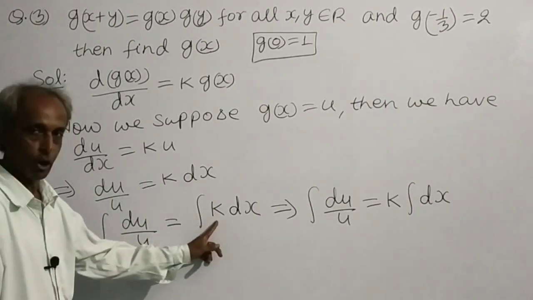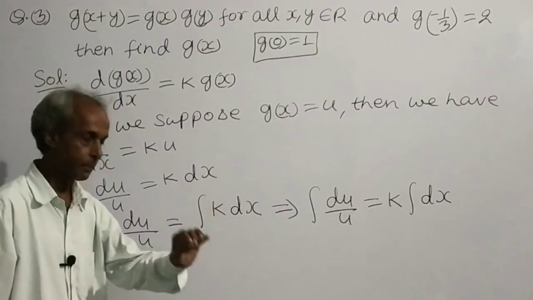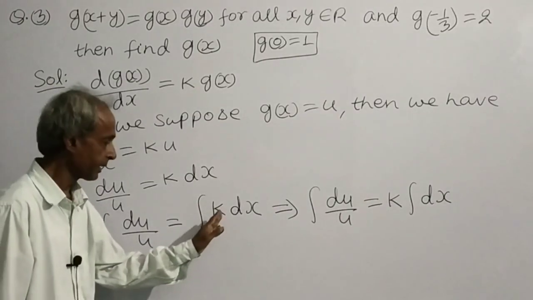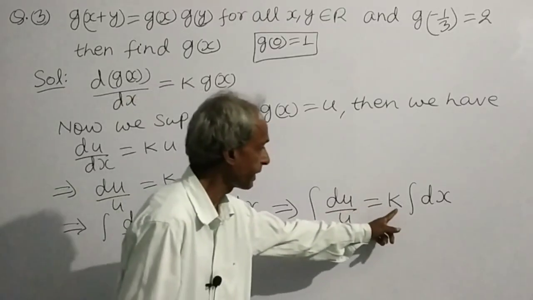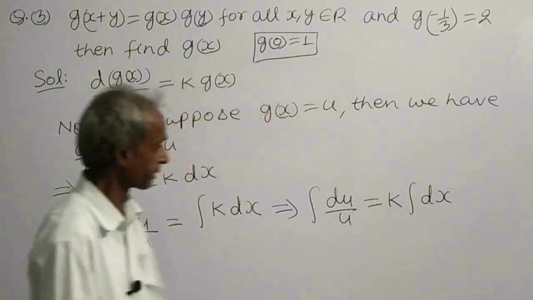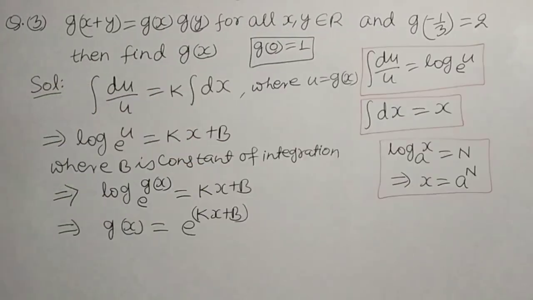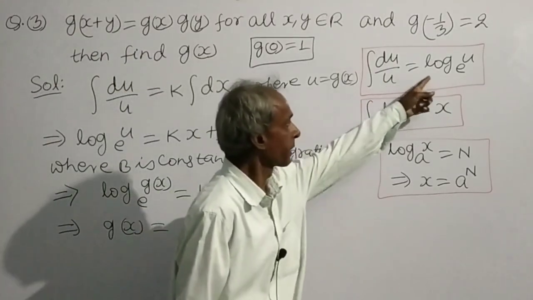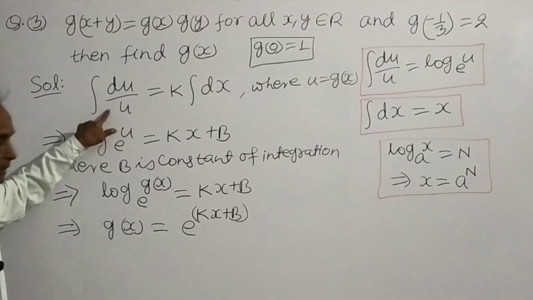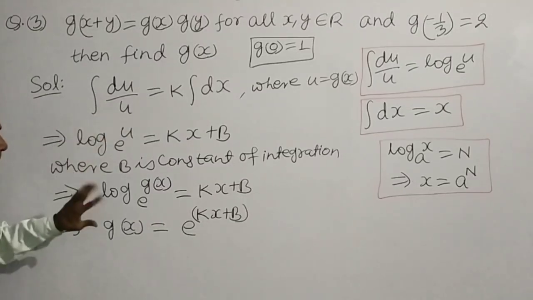Since k is a constant, by the property of integration, this k can be taken outside the integration sign. By using this formula, we integrate this.